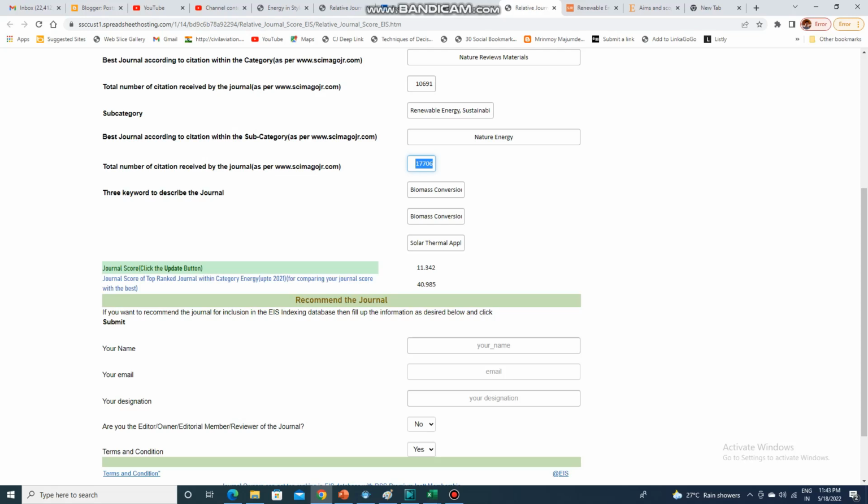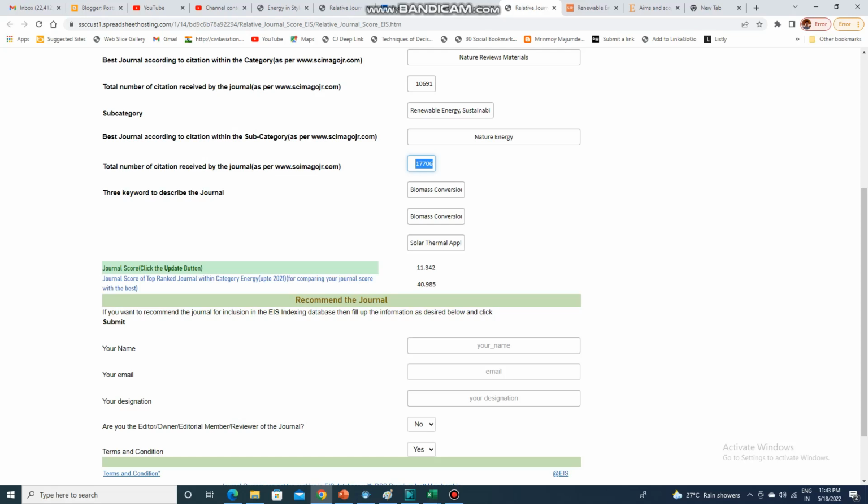Correct? Now this is what happens if I only consider citation, then there will be an erroneous judgment. But if I consider the relative citation, which this relative journal score has considered, the basic formula of the relative journal score is very easy.